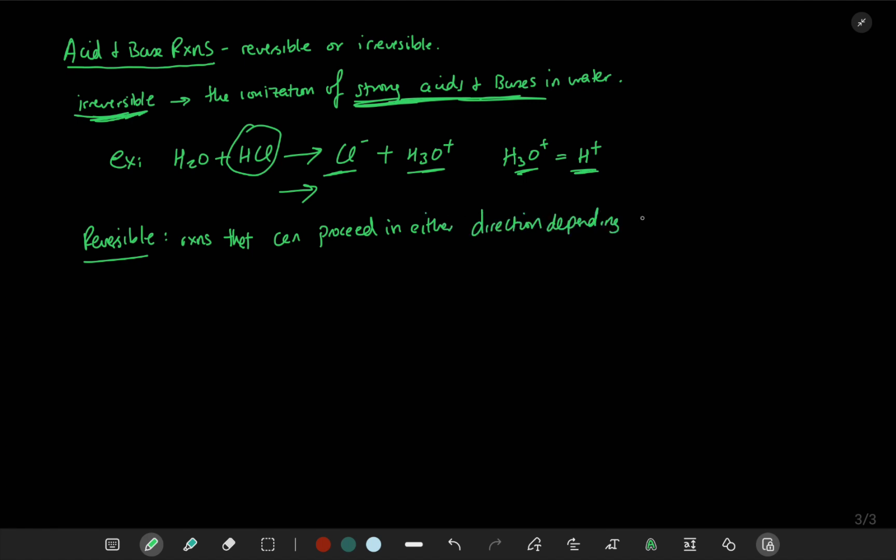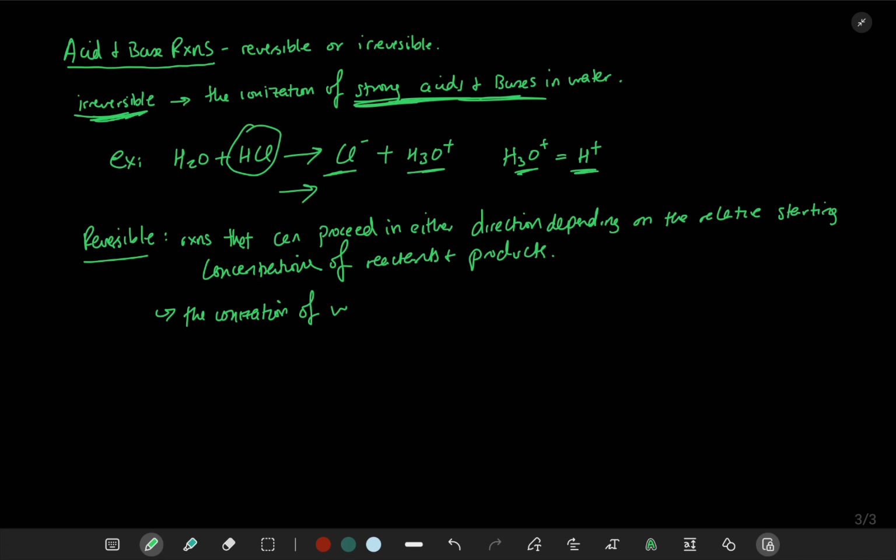Now with respect to reversible reactions, the ionization of weak acids and bases in water can be reversible. They can be somewhat reversible. So reversible reactions can be reactions where you have the ionization of weak acids and bases.